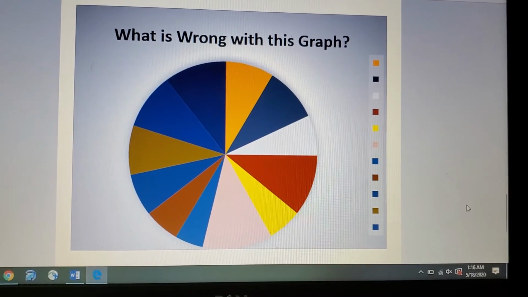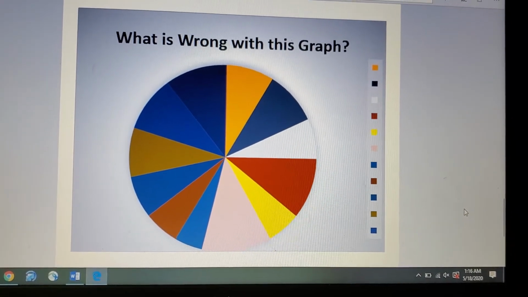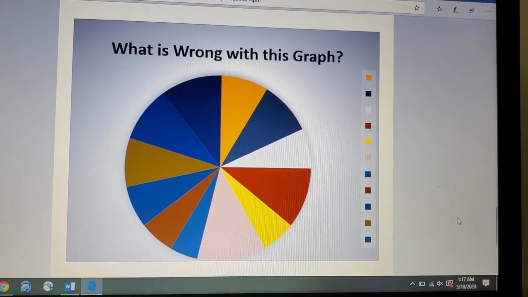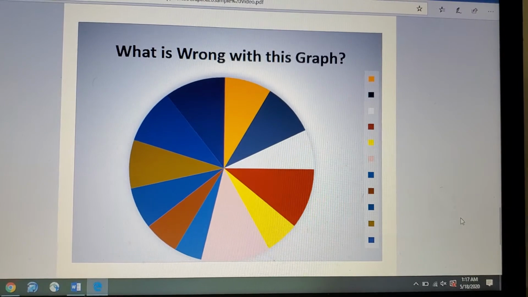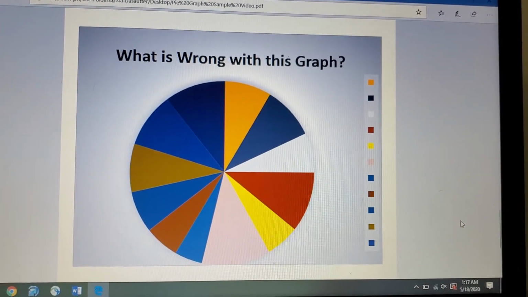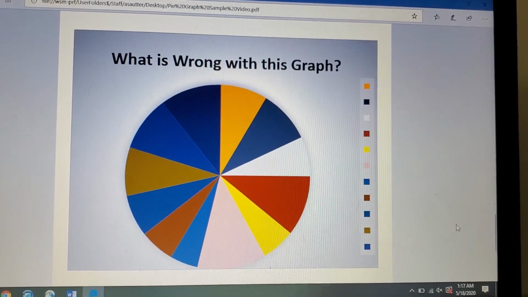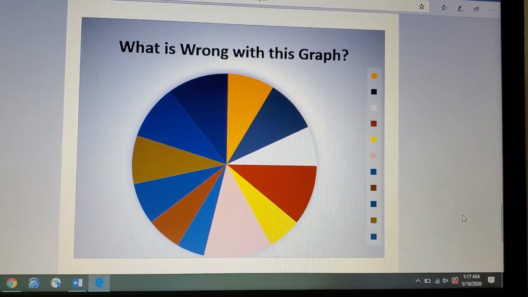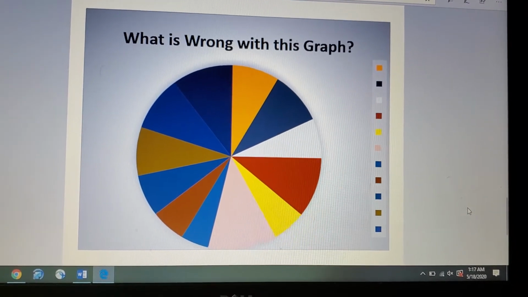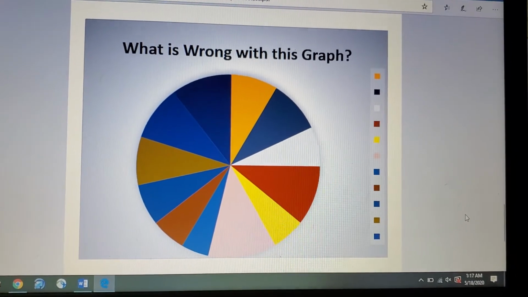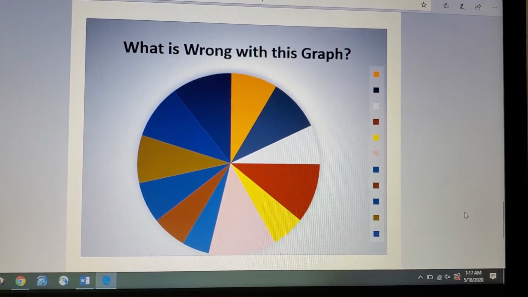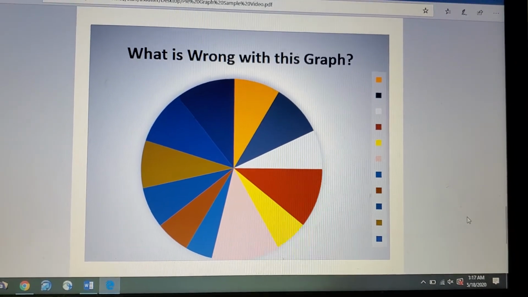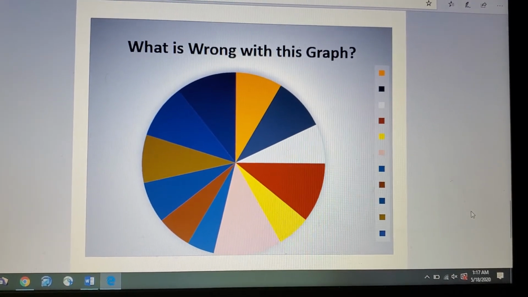So by not having a percent to help understand the visual, or not having a number to represent what the pie piece represents, some of this information is lost. Some of this information is a bit confusing. And another thing that can be confusing, the colors are not different enough to tell them apart easily.